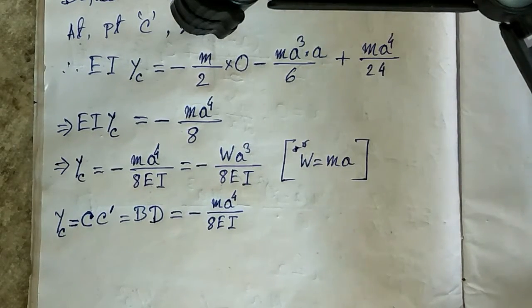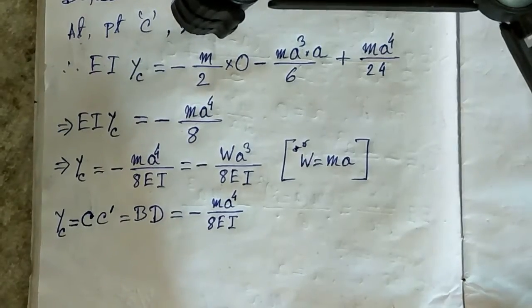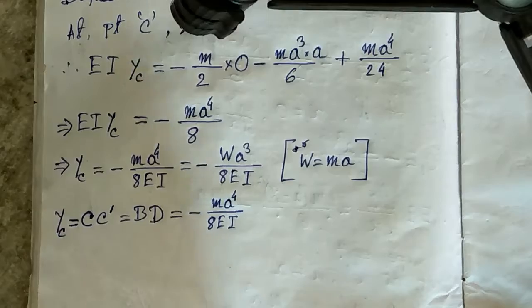So to find out the total deflection, first we have to find out the deflection from D to B dash.